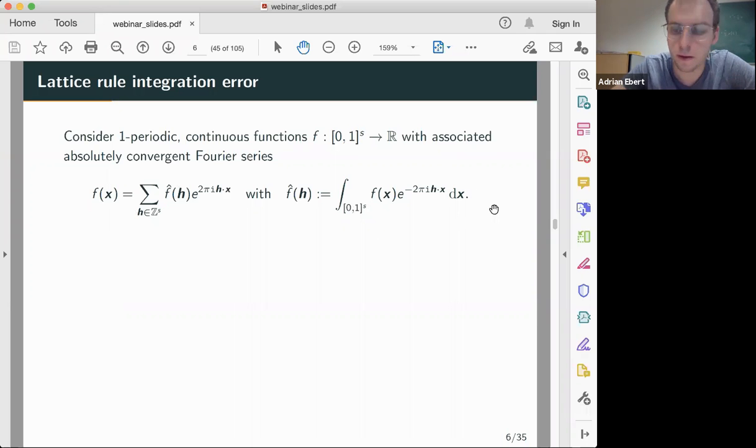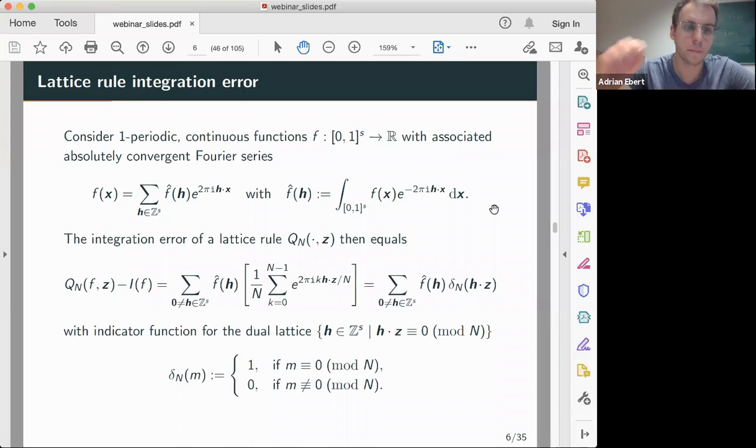And for such functions, one can, by quite trivial arguments, immediately show that the integration error of the rule Qn with generating vector z is expressible by this term here on the right-hand side. And that's basically a sum of Fourier coefficients.